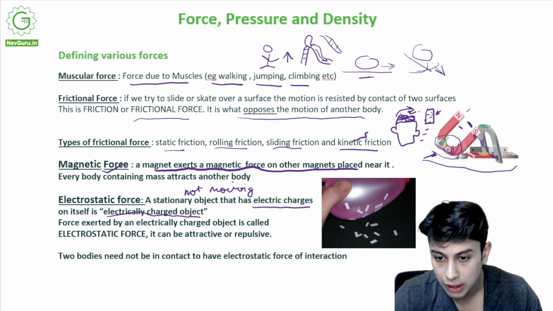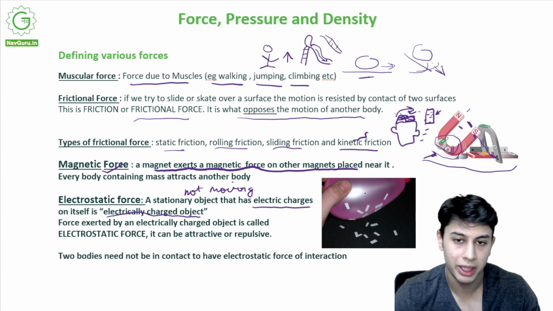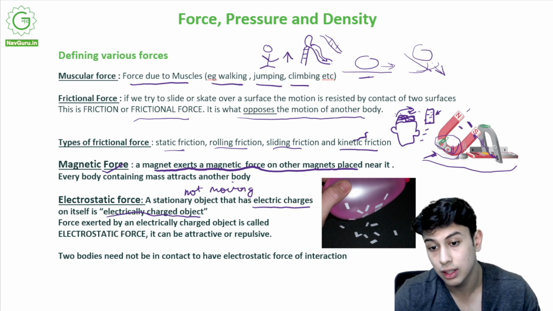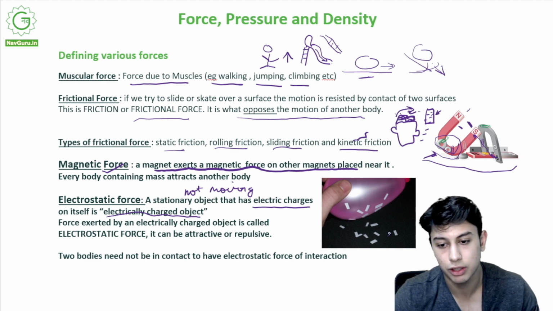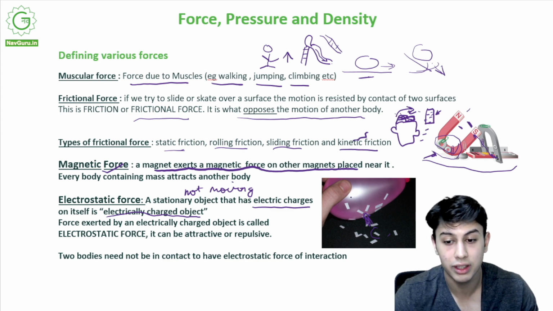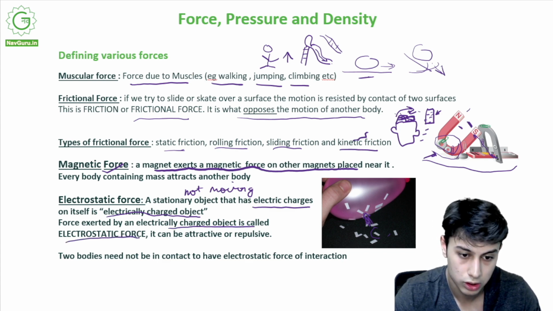Here we have taken the example of a balloon. It is a plastic balloon, and I rub it on my head, so I have electric charge. The human body has electric charge. If I rub it on my head and put it near some bits of paper, this is static. It will pull the pieces of paper towards the balloon. Why so? Because the electric charge is now being transferred. The force exerted by an electrically charged object is called electrostatic force.